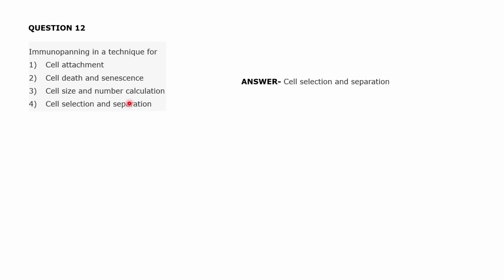Immunopanning we have already discussed, I will just recall it once again. If a sample consists of different cell populations, you transfer it into a cell culture plate which has certain antibodies attached to it.